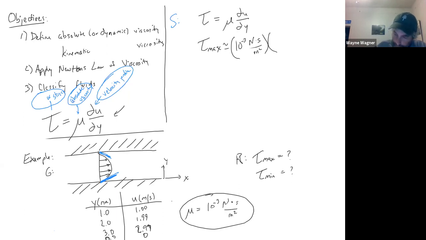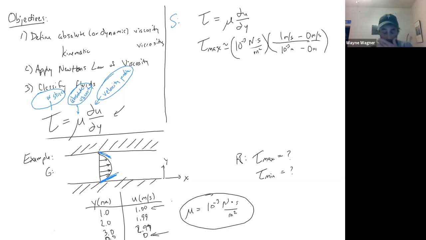I'm going to go from a Y value of 1 millimeter, except I don't want millimeters, I want meters. 10 to the minus 3 meters, minus 0 meters. That's as close to the bed as I can get using this point and this point. Then I'm going to use 1 meter per second, that's the U, minus 0 meters per second at the bed.